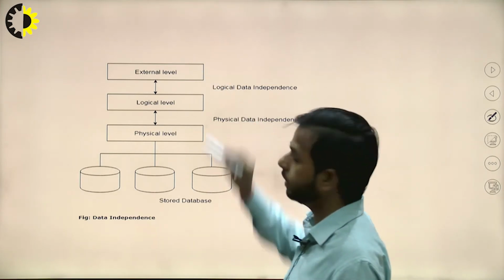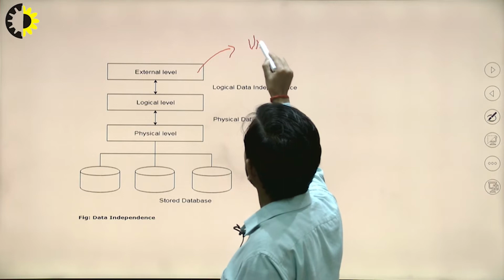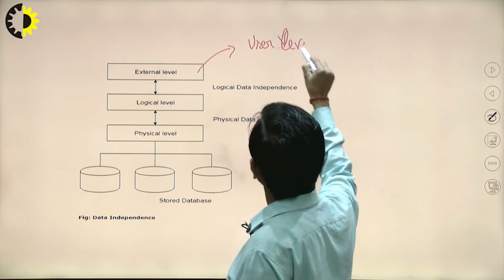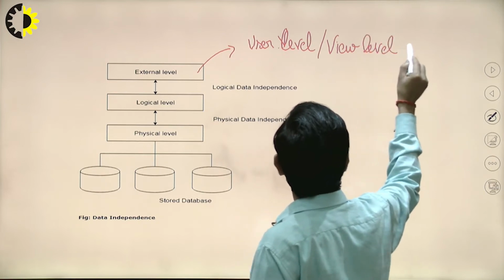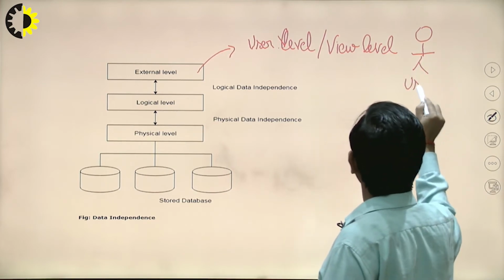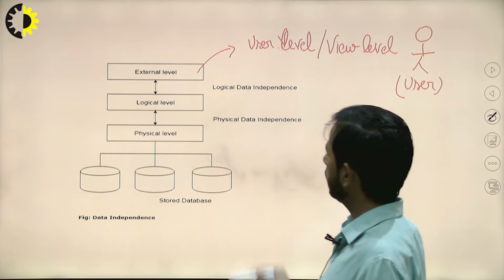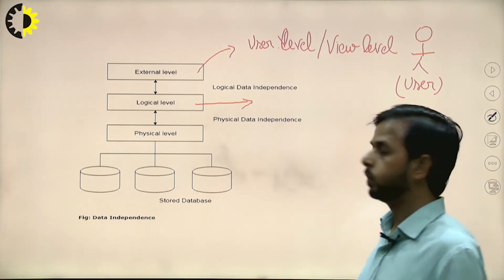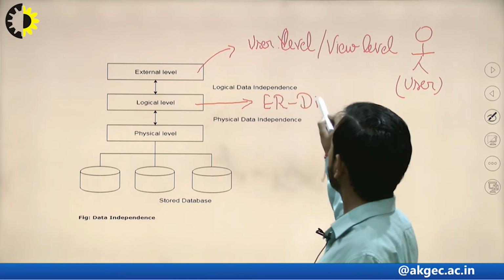The first one is the external level, or user level, or view level. Here the user interacts with the database. Next is the logical level, where we deal with the logical schema, or ER diagrams.